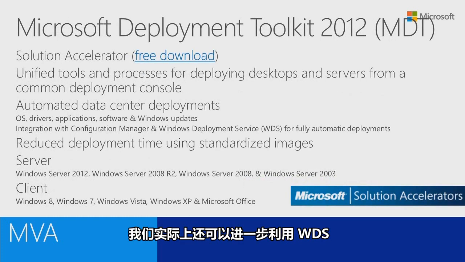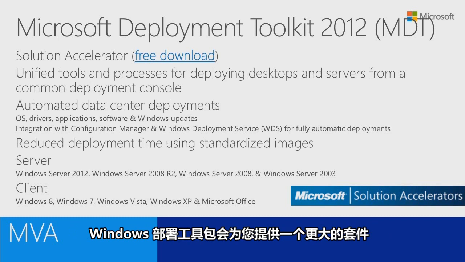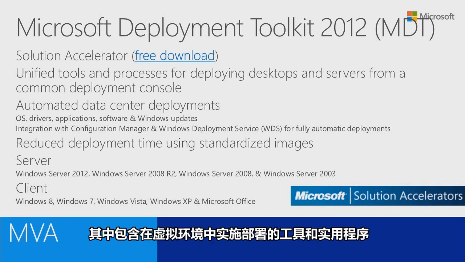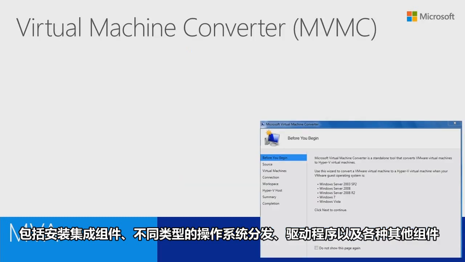But we can actually take WDS a step further using another solution accelerator called Windows Deployment Toolkit. And Windows Deployment Toolkit essentially gives you a much broader suite of different tools and utilities for deploying inside your virtualized environment, including things such as installing integration components, different types of OS and distributions, your drivers, and a whole variety of other different components.